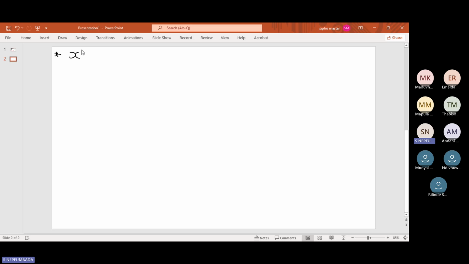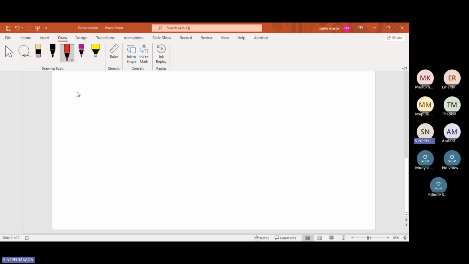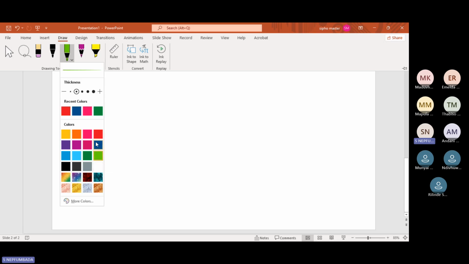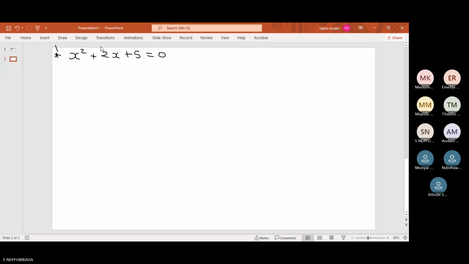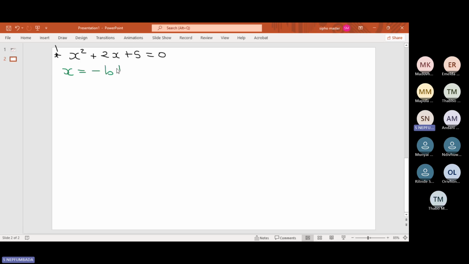If they say solve x squared plus 2x plus 5 is equal to 0, we know that when we're solving such kind of equation, x is equal to minus b plus or minus the square root of b squared minus 4ac, divided by 2a.